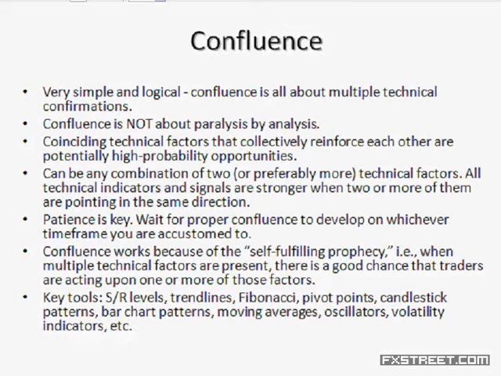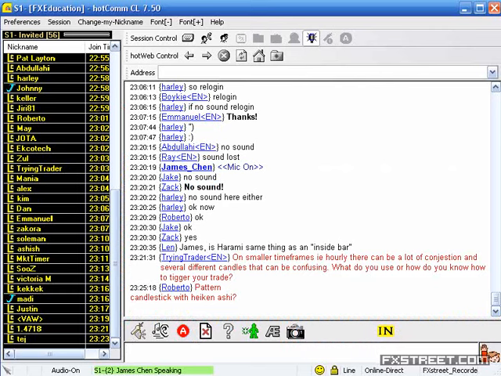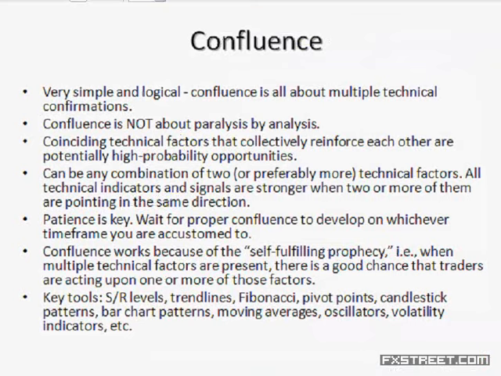Okay, very quickly before I get to my charts. The question here, Roberto, pattern candlestick with Heikinashi. Heikinashi is a completely different kind of candle altogether. When you look at a Heikinashi chart, you'll see that it's not representing the correct real-time price.